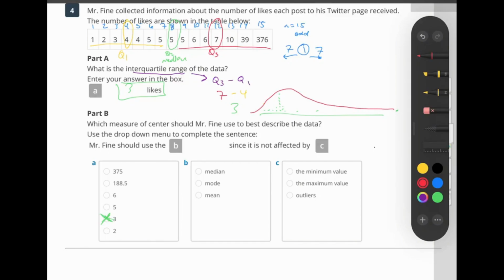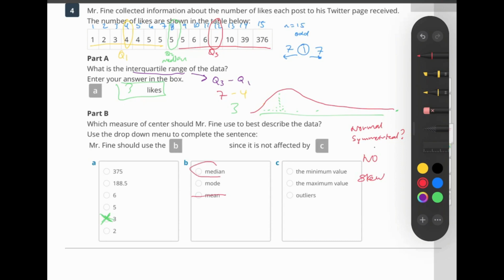So the question is, is it normal or symmetrical? And the answer is no. That means it's skewed, and if it's skewed, then I don't want to use the mean.